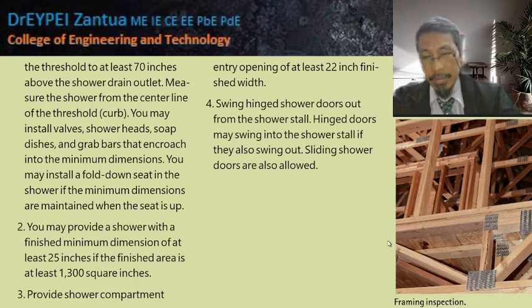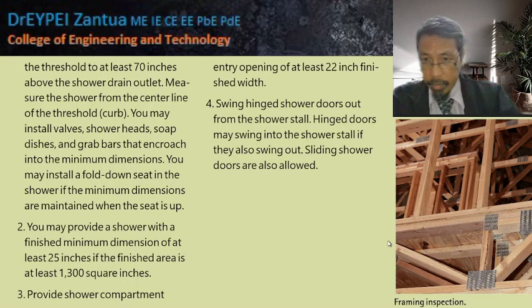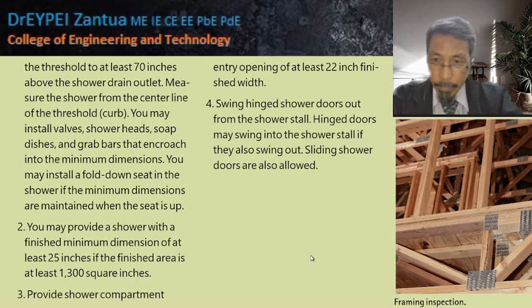We are particular with the horizontal dimension and the vertical dimension. You may provide the shower with a finished minimum dimension of at least 25 inches if the finished area is at least 1,300 square inches.